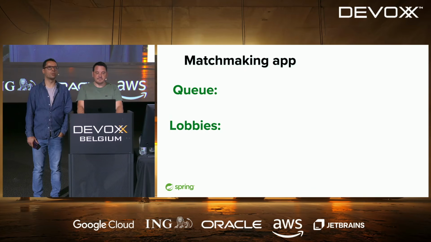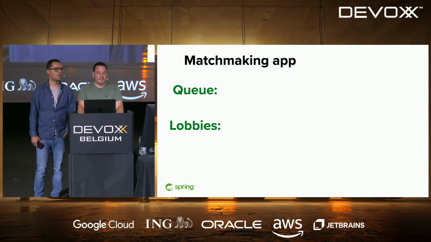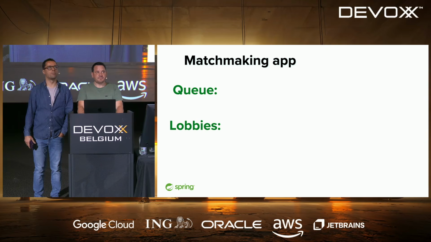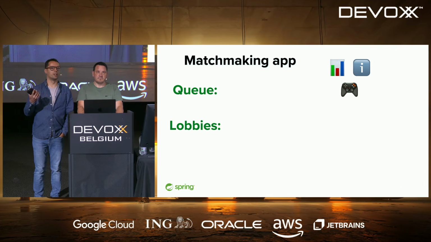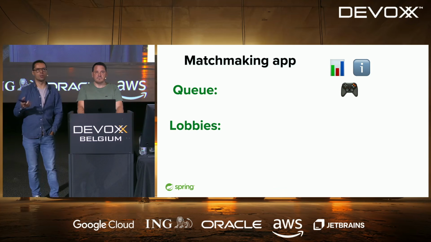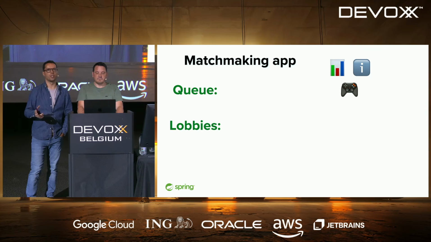This morning we'll use an existing Spring Boot app running on 3.5. This is the matchmaking part of an online game. Our goal is we get requests from consoles and from players, and we want to fetch statistics and profile information. Stats like the player score and their level, and information about their gamer tag, region, platform, and so on.